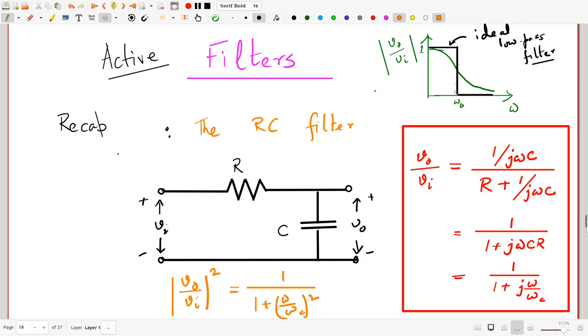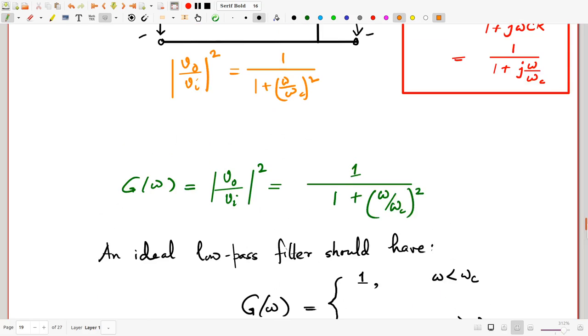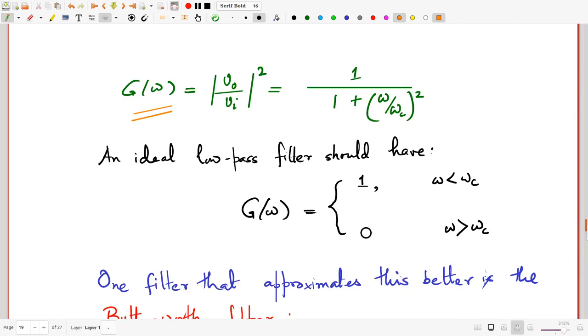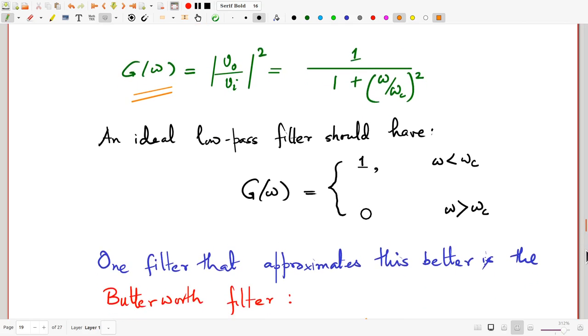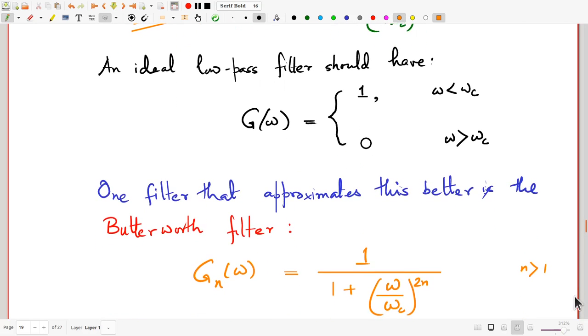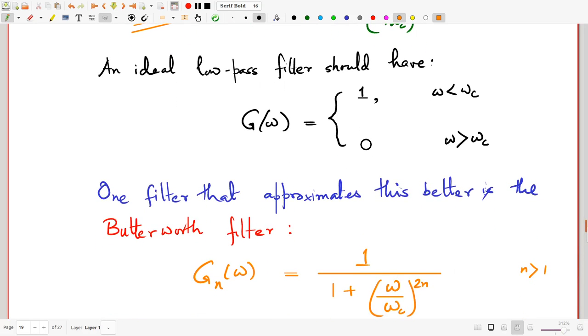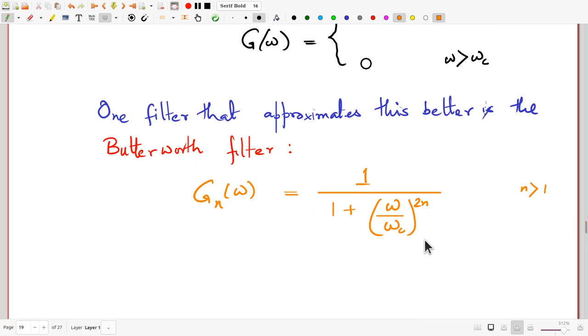So if instead of this particular condition, which is essentially the power transfer ratio as a function of frequency, G of omega, instead of this thing, we would have loved to have this. Of course, G omega is 1 when omega is less than omega C and 0 when omega is more than omega C. That's the ideal case. But the Butterworth filter approximates this ideal behavior slightly better by having a transfer function.